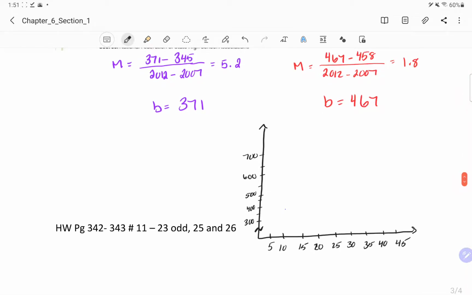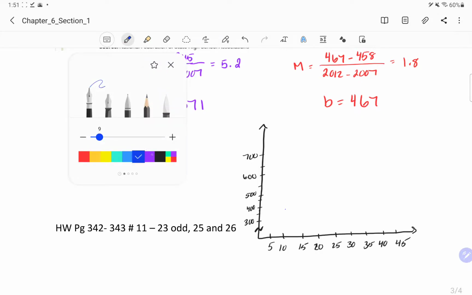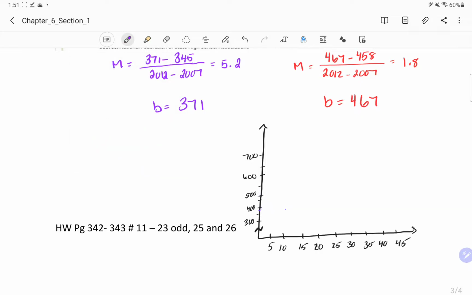So 371 is going to be between 350 and 400. So my purple one is going to go right there. And then you're going to go up and over, up and over, up and over. Okay. Then you're going to do the same thing with 467.